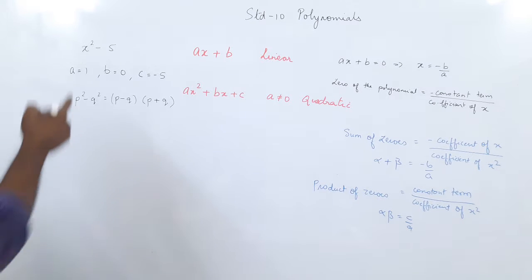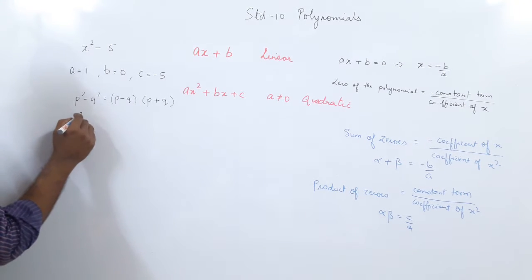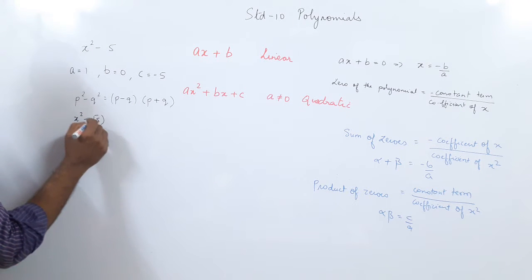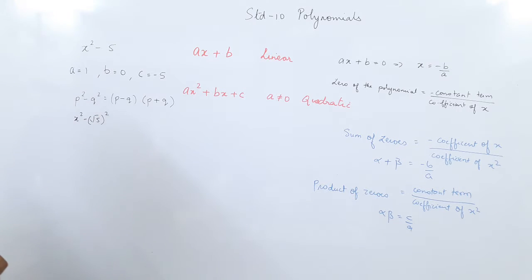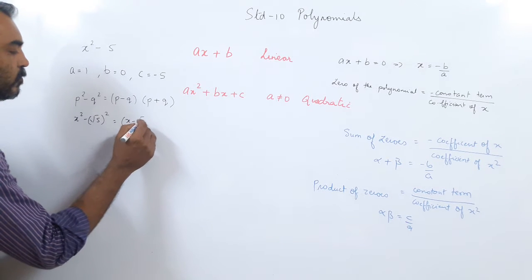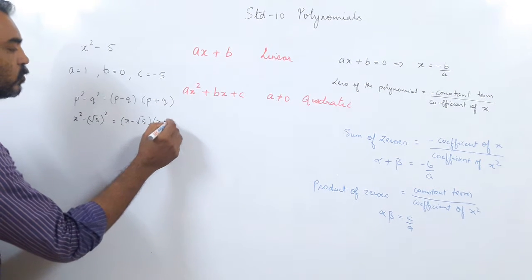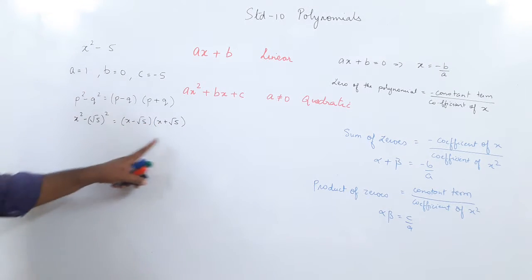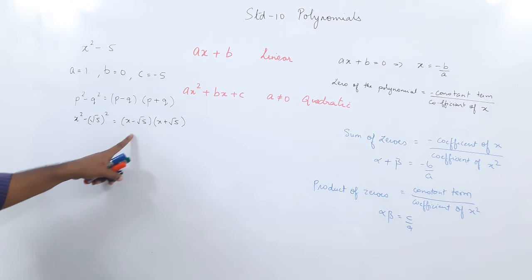So I write this as x square minus root 5 the whole square, because I can write 5 as root 5 the whole square; root 5 into root 5 is 5. Now this became p square minus q square, so I get x minus root 5 into x plus root 5. These are the factors.